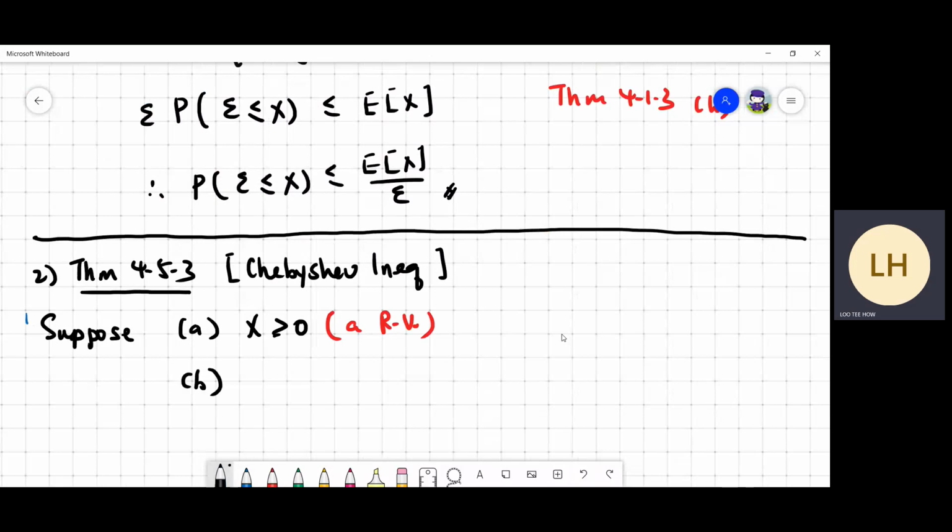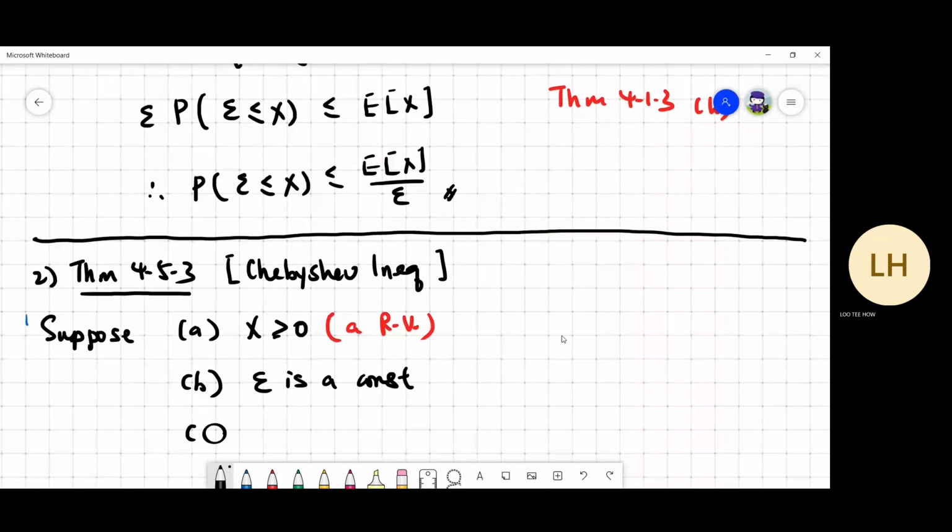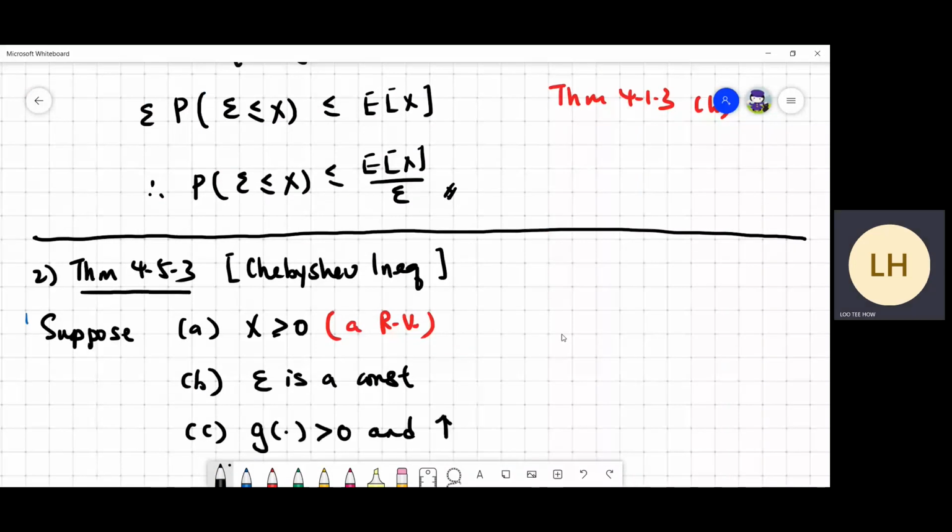Secondly, epsilon is a constant. Unlike the previous theorem, the Markov inequality, the epsilon need not be a positive constant. It could be a negative constant or 0. And number 3, we need to consider another function, g, which is a positive and increasing function.